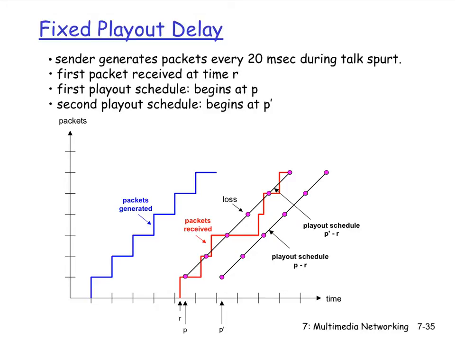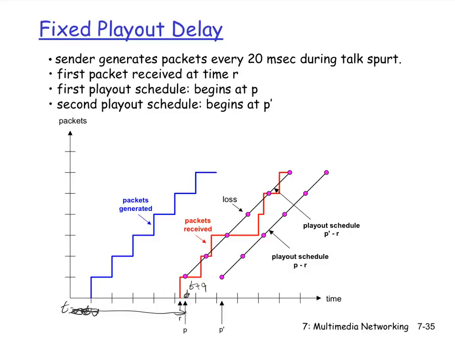So this is T, the time when the packet was generated. Of course, T here is 0. So this is P, in which case the playout time is T plus Q.